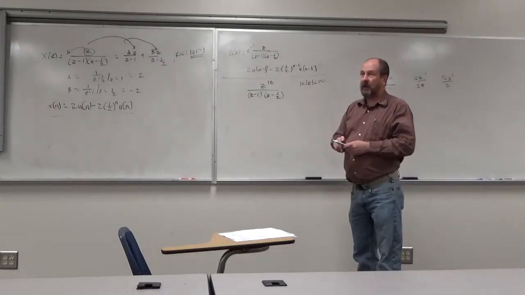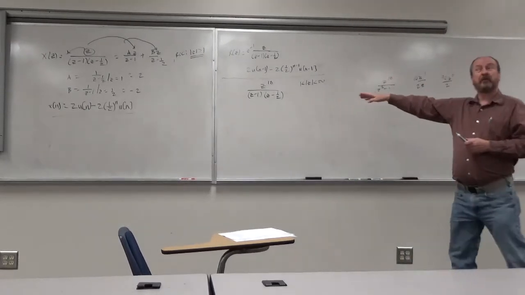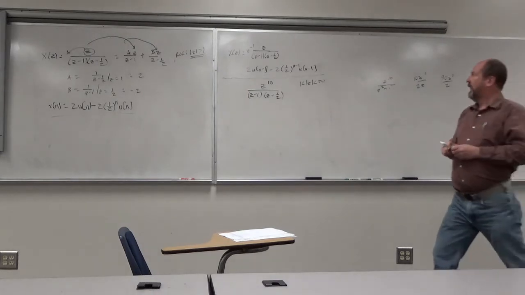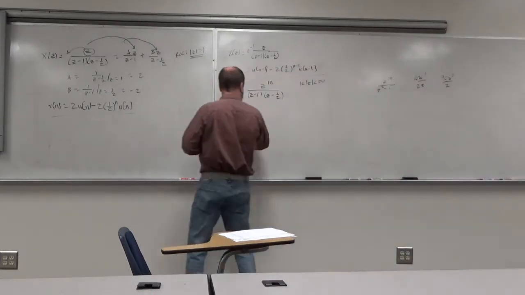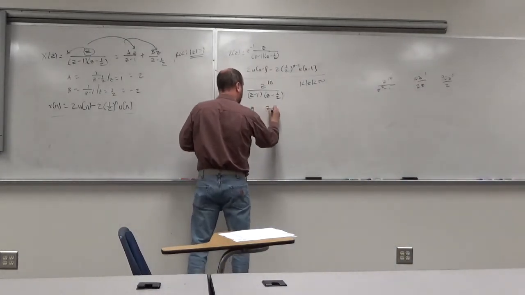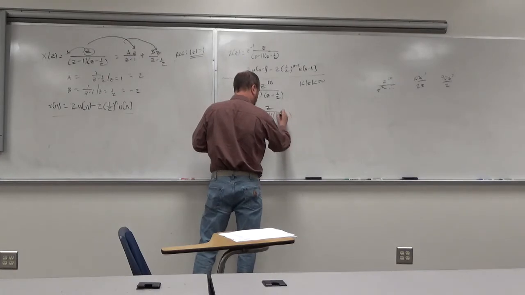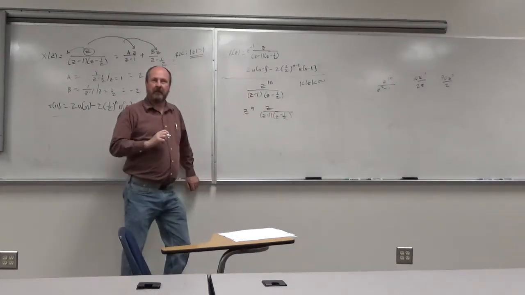Oh, by the way, you can't do a partial fraction expansion on that. You cannot do it. Why? Numerator order higher than denominator order. But can we do this? z to the 9th, z over z minus 1 and z minus 1/2 over 2. Right? Can we do that?